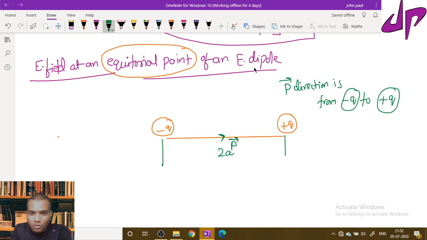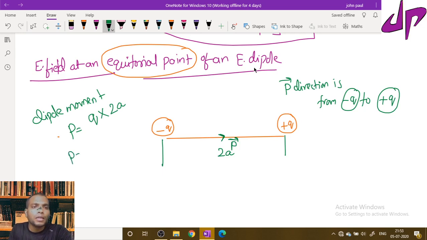Here itself I can explain one more time what the dipole moment is. Dipole moment P is equal to the product of the magnitude of either charge, you can take just the magnitude of the charge, times the dipole length. Here the dipole length is 2a. So P equals 2qa, known as the dipole moment.